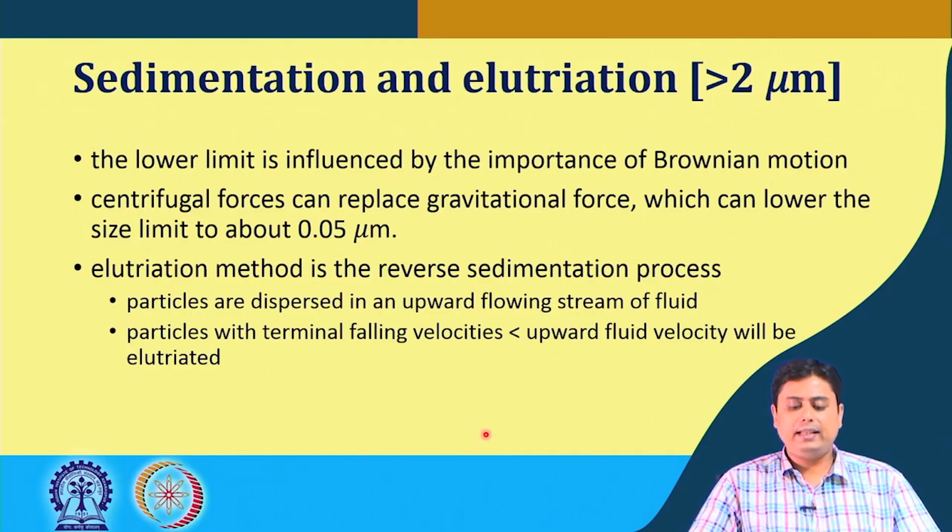Elutriation is basically the reverse of this sedimentation process, where particles are dispersed in an upward flowing stream of fluid. In sedimentation the particles were coming from top to down, but in elutriation it is coming from bottom to top, and the particles which have a terminal falling velocity lesser than the upward fluid velocity will be carried away by the flowing stream, or will be elutriated.